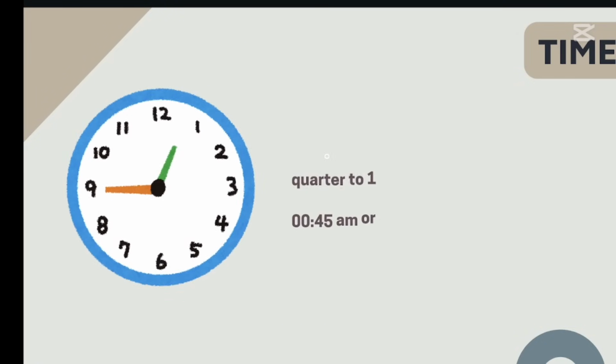So here it says it's 12:45. So 12. Remember, we skip counting by 5. So when we skip 5, 10, 15, 20, 25, 30, 35, 40, and 45. So 9 stands for 45. So it's 12:45.